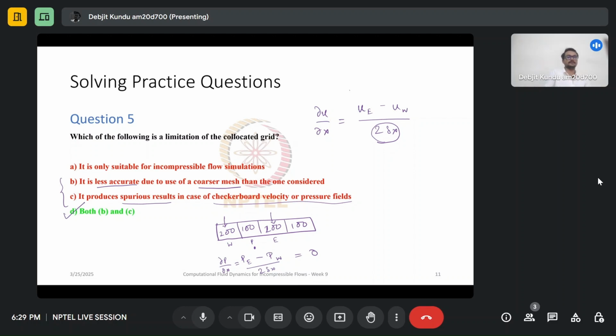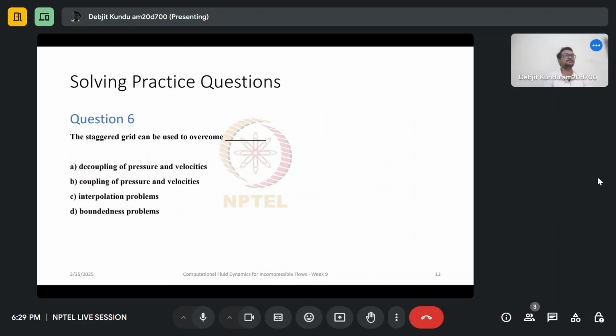All right. So let's take a look at the next question. Question 6, which is asking us the staggered grid can be used to overcome blank. You have to fill in the blank over there.